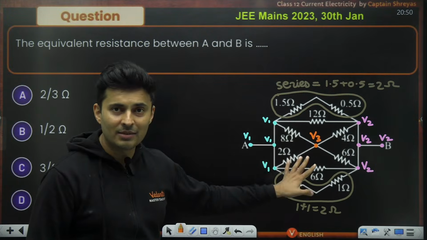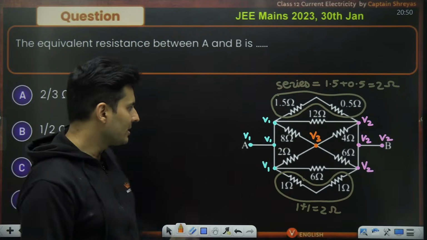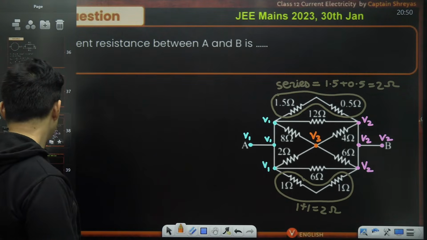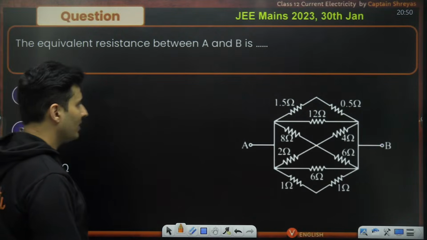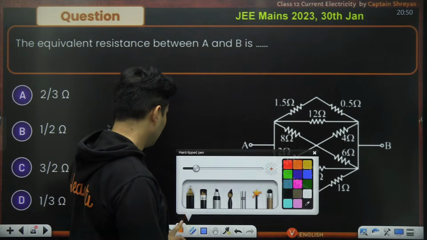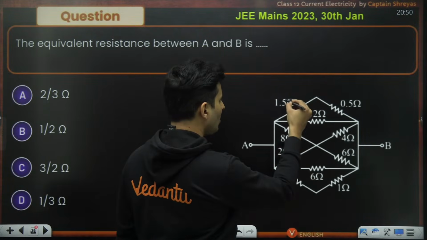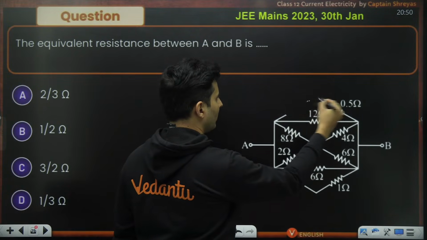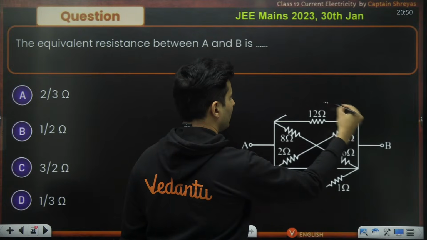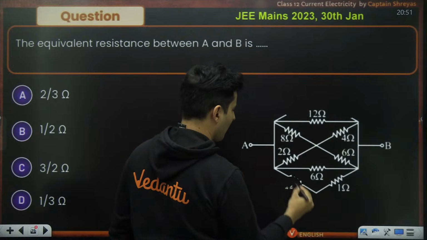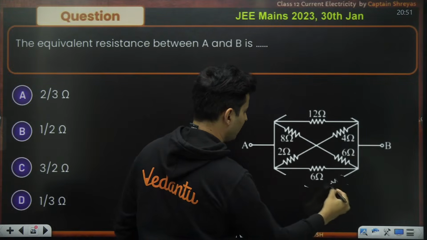Now, keeping all this in mind, let's draw the simplified diagram. First, we got rid of the top resistors over here, this one and this one, of course.